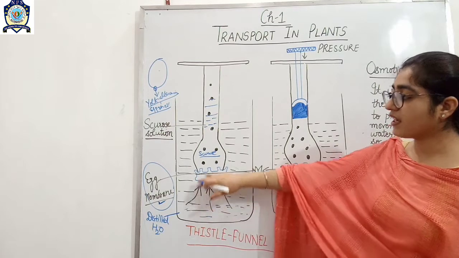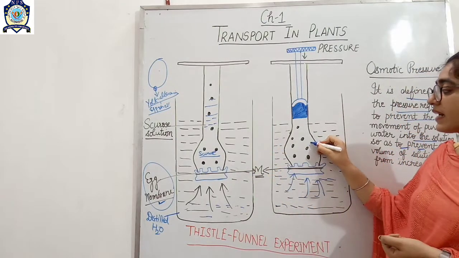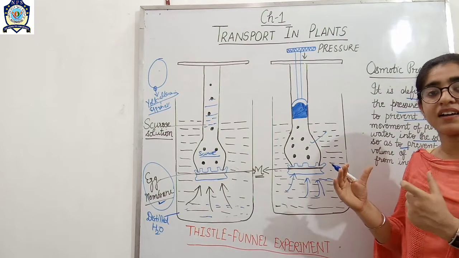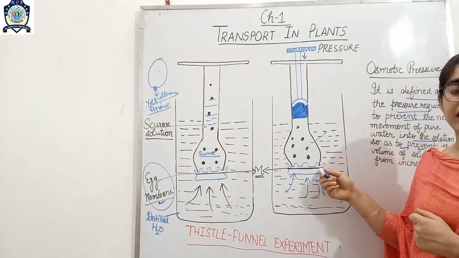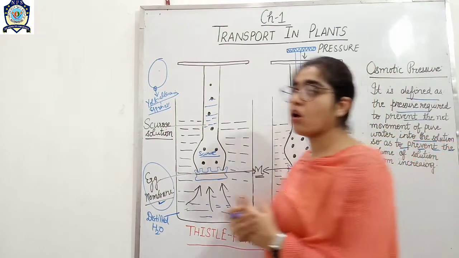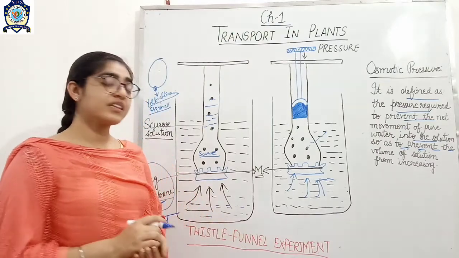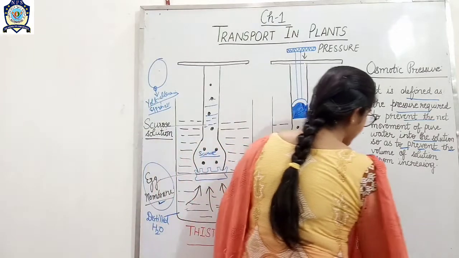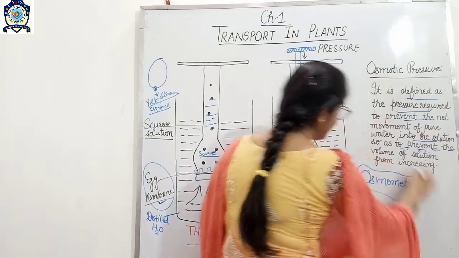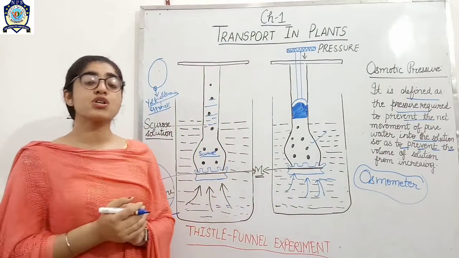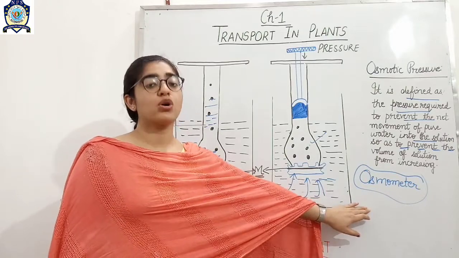हमने first case में किया कि volume जो थी solution की, sucrose की increase हो रही थी, तो volume को increase नहीं होने देना. So to prevent the volume of the solution from increasing, we will apply osmotic pressure. So this was all about our Thistle funnel experiment. There is an apparatus named osmometer, and this apparatus is used to determine or to measure the rate of osmosis.